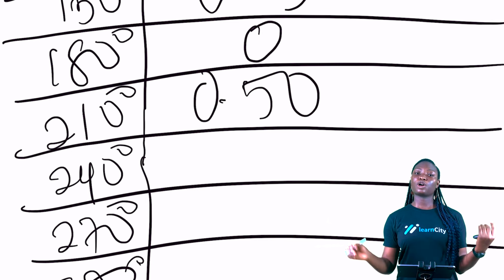So we draw the graph where our y line is sine theta, and our x line is our degrees. We have our graph to be something like this.